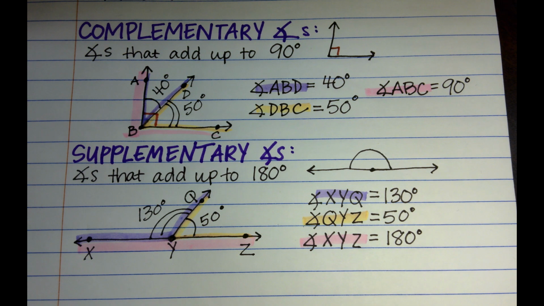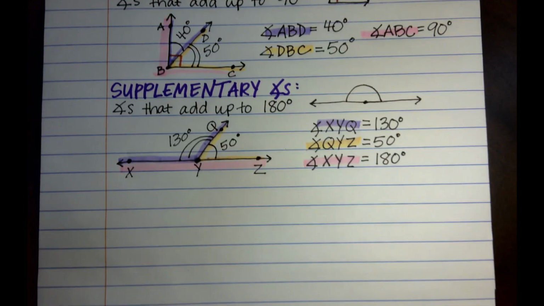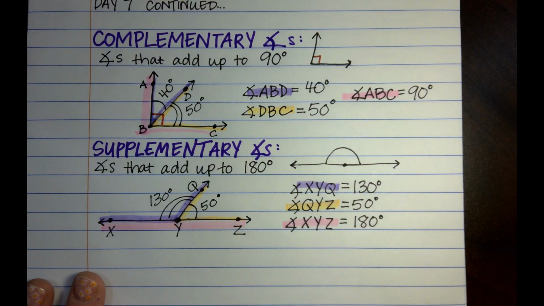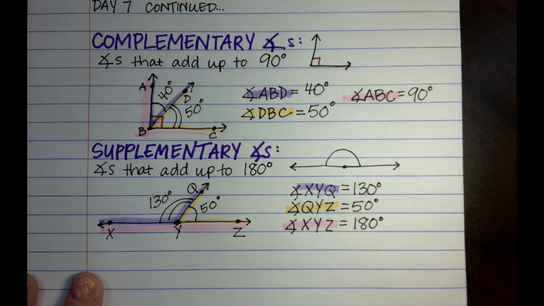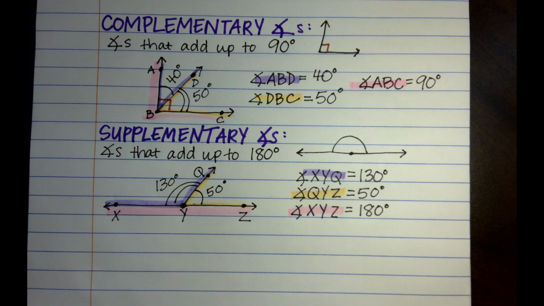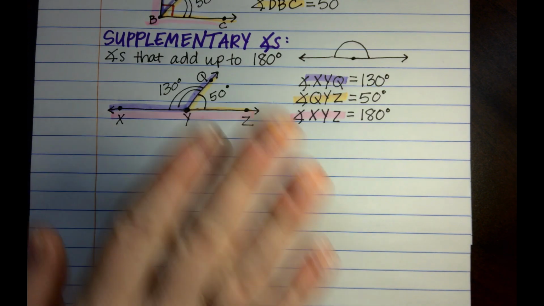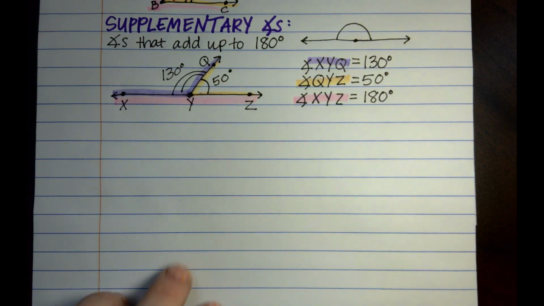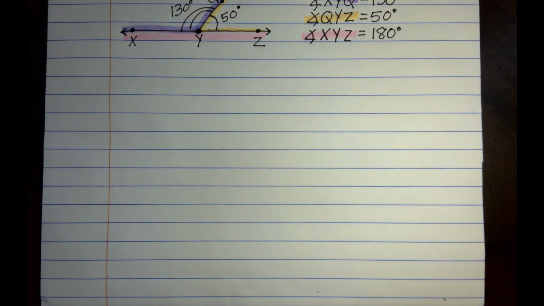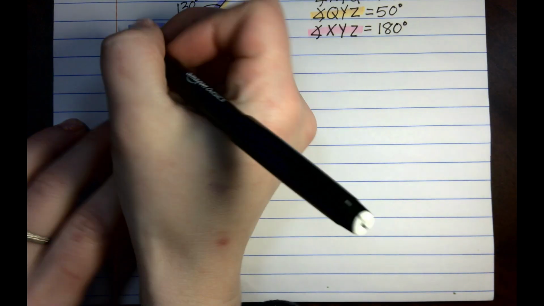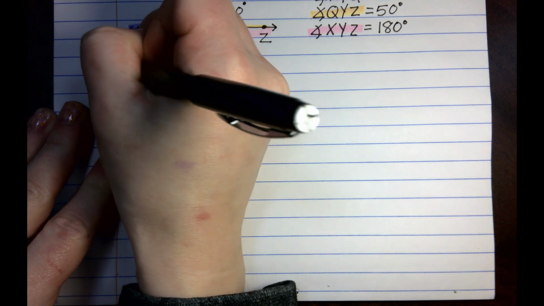Perfect. Okay, so let's put these concepts into context. That just was a weird sentence coming out. Let's use this. So, let's see. Here is an example. All right, examples.